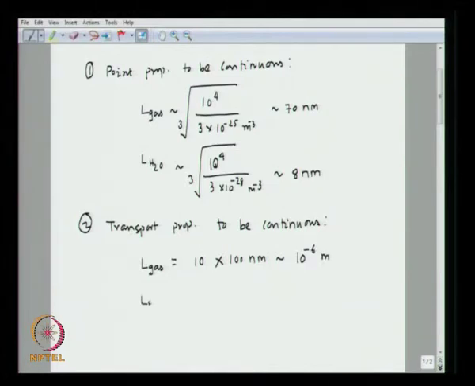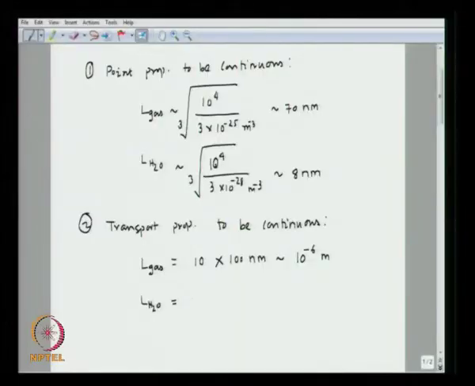For liquid water, the molecules are in a constant state of interaction. So in that case the separation distance will not be a good parameter to establish its length scale at which it will be continuum, whereas the size of the molecules would be a good parameter to establish whether the liquid water is going to be continuous.